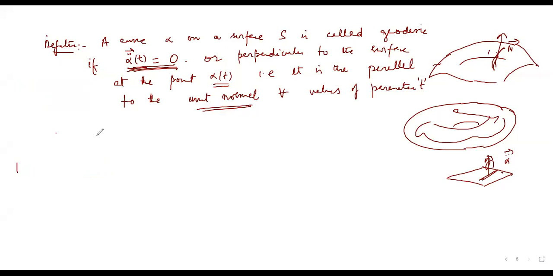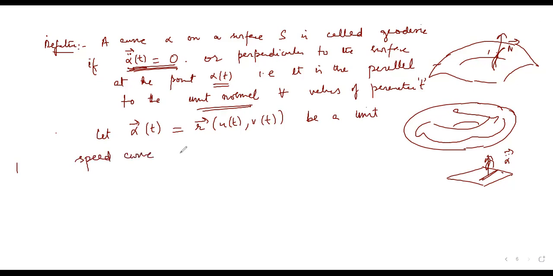Now let alpha(t), which is r(u(t), v(t)), be a curve, and be a unit speed curve, just to make things a little easier, on a surface r equals r(u). Okay.